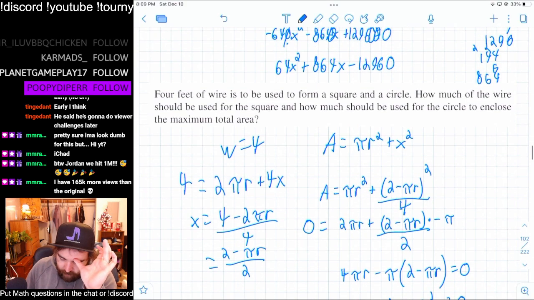The length of the total wire is 4 feet. Circumference 2 pi r. Perimeter of the square 4 times x. The area is pi r squared and x squared.